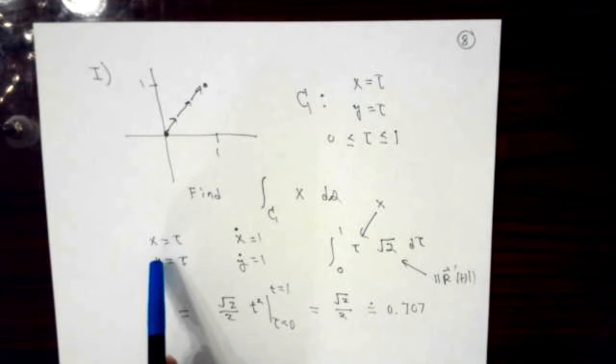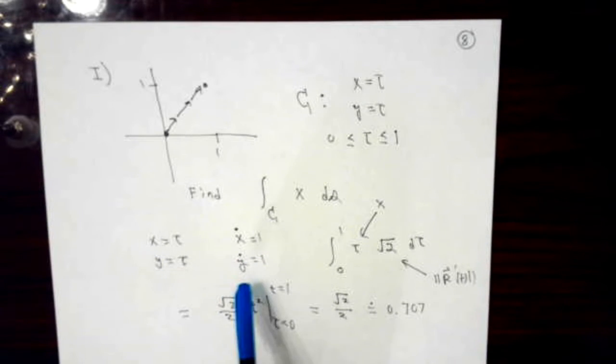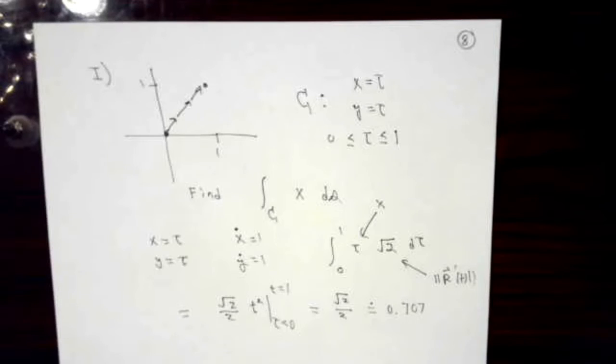The derivative of x with respect to t is 1. The derivative of y with respect to t is 1. If you square those and add them up, you get square root of 2. So the ds is going to be square root of 2 dt. Then I have to put in the thing that I'm integrating.